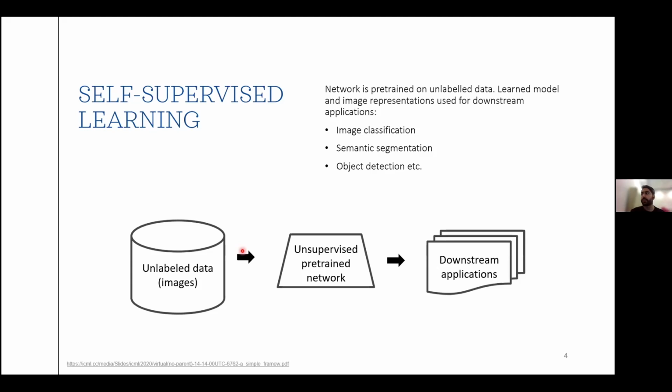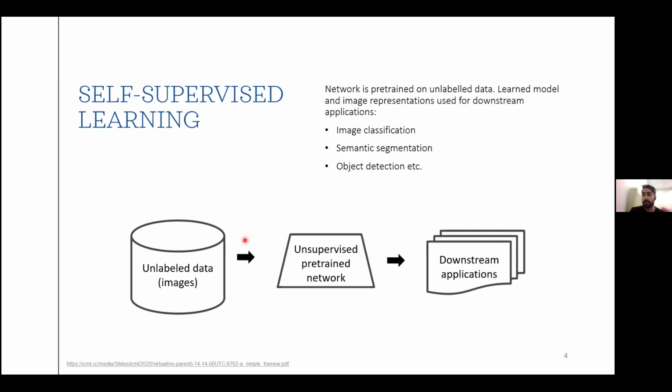So what is self-supervised learning in the first place? As you all may know, we have a lot of data right now on the internet, and even personal data people have. The main problem with deep learning today is that one has to label and annotate the data manually.